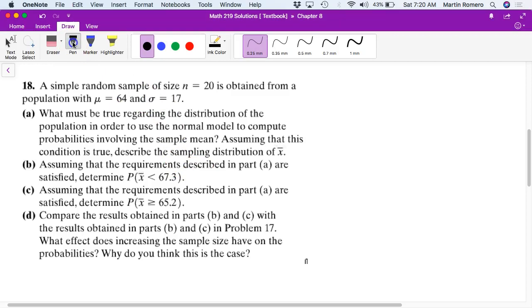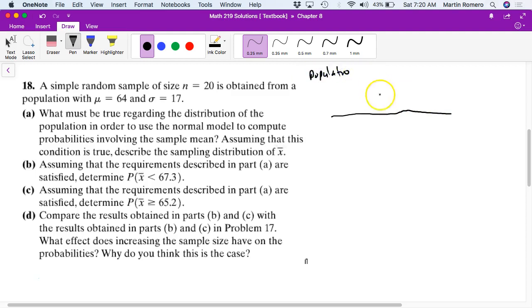We now move on to problem number 18 from the homework. A simple random sample of size 20 is obtained from a population with a mean of 64 and a standard deviation of 17. And of course, here's the population.